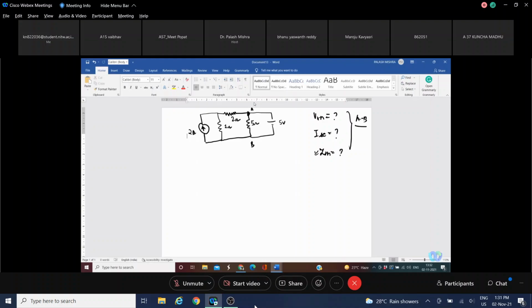Let me just check. You have to deactivate all the independent sources, so the current source will be open circuited. This 1 ohm will be there, this 2 ohms will be there, and this will be open circuited because this is the exact terminal across which you have to find it. And this battery will be short circuited.